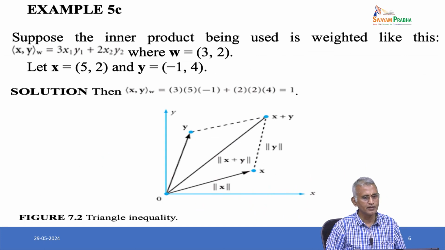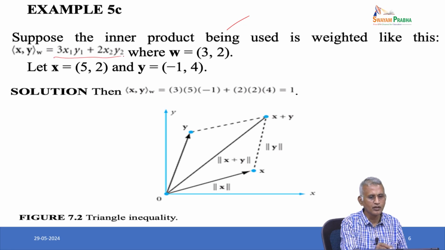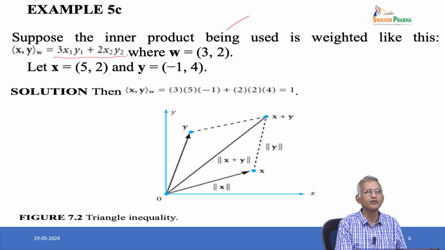Next example: suppose the inner product being used is weighted like this: x comma y subscript W equals 3x1 y1 plus 2x2 y2, where W equals 3 comma 2. So let x equal 5 comma 2 and y equal minus 1 comma 4.